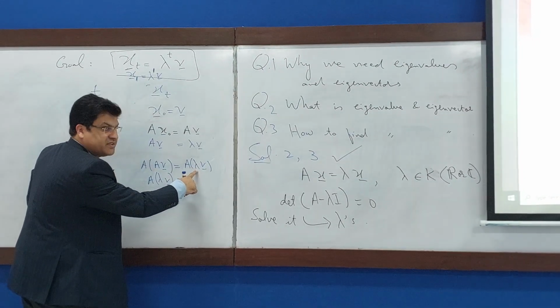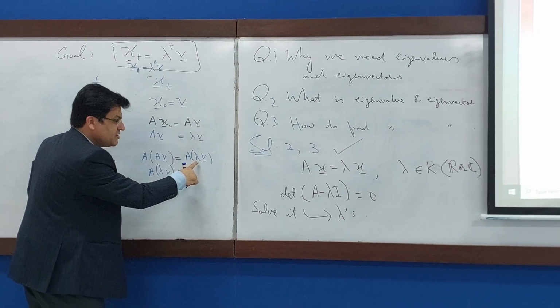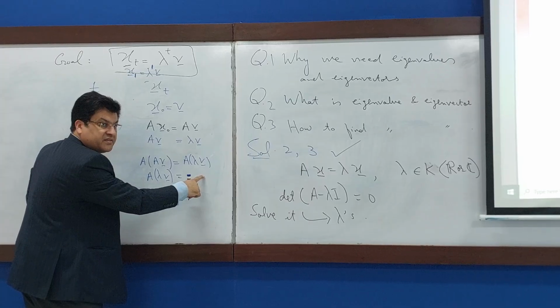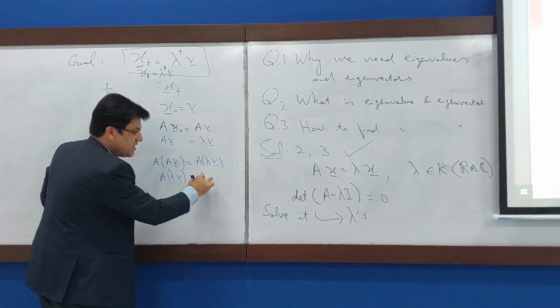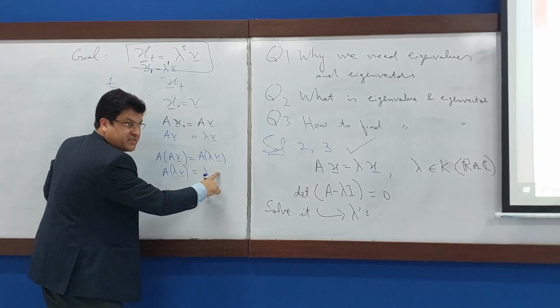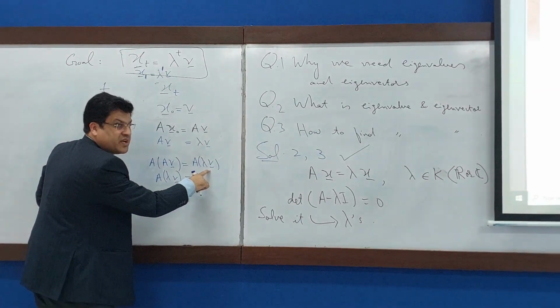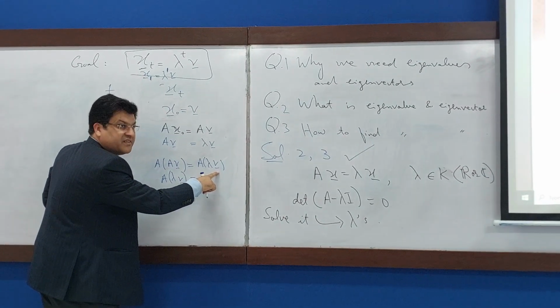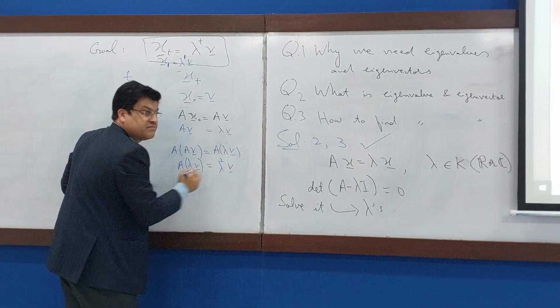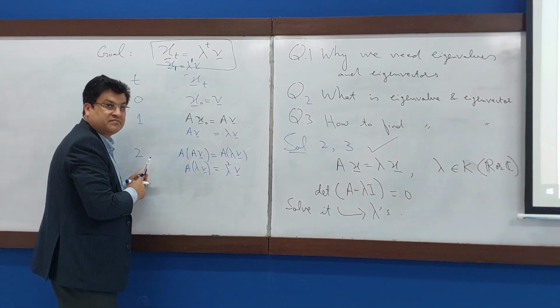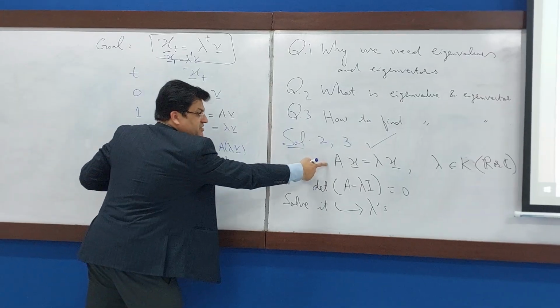Similarly, when we multiply a scalar, it will still be a vector. If A x is multiplied by 2, it will be 2 times the vector, still a vector. So what will this be? Lambda of the vector. Now instead of the vector, what do we have here? Lambda times the vector. One lambda is here. So we are applying this 2 times.